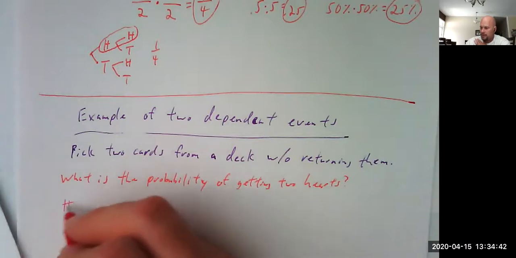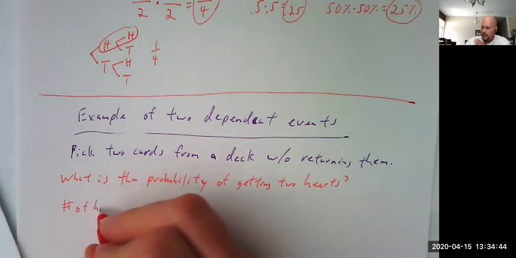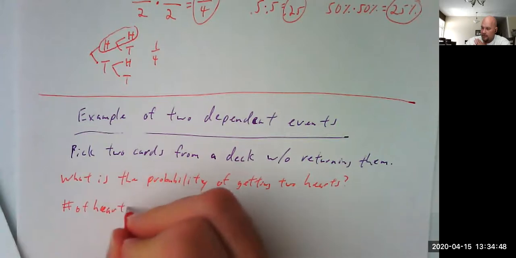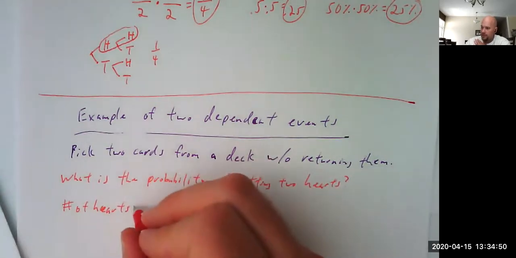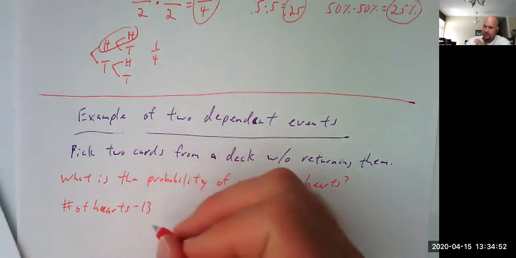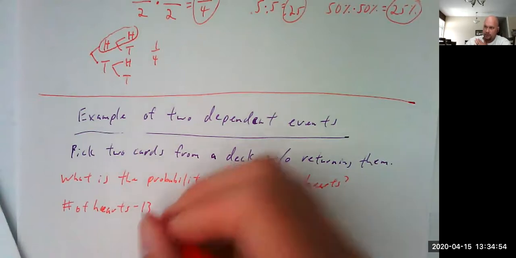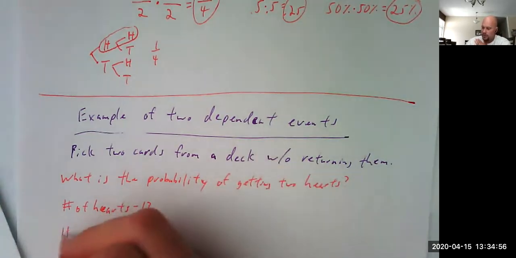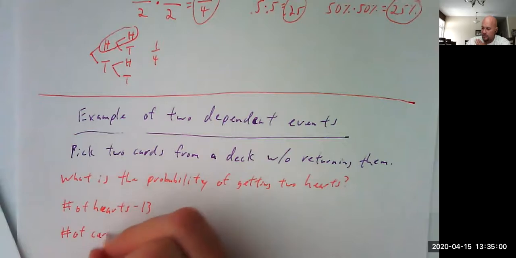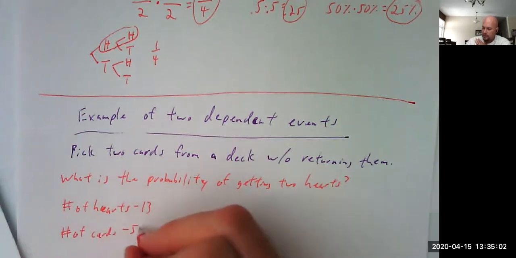You should know that the number of hearts in a deck, or for any suit that is, it doesn't matter which suit you're talking about, there are 13 of each suit. There are 4 suits, so 13 times 4 gives you a total of 52 cards. So the number of cards is 52.